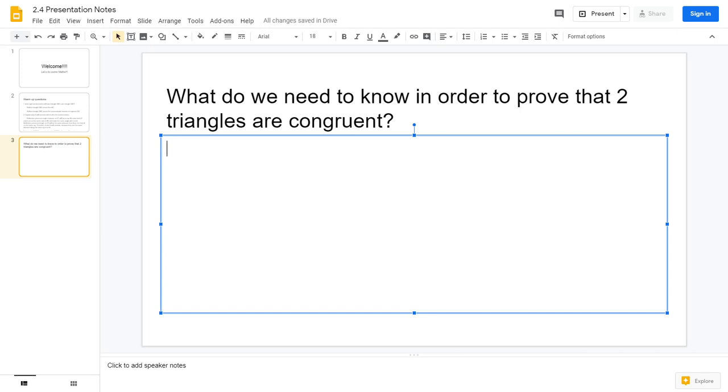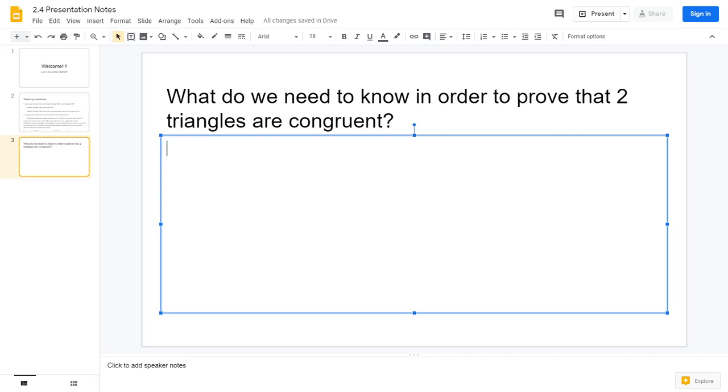Before we do that, if you're not sure how to make specific angle measurements or specific side lengths, I want you to take a look at another video that is attached to this lesson about how to do that. It's a real quick tutorial in GeoGebra. Watch that video if you don't remember how to make sides that are specific lengths.